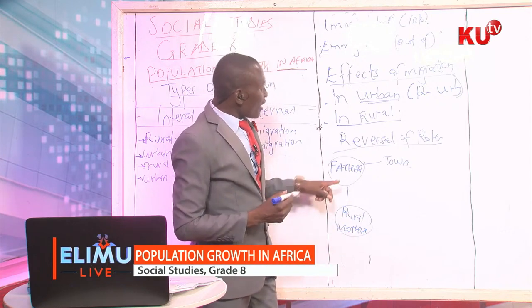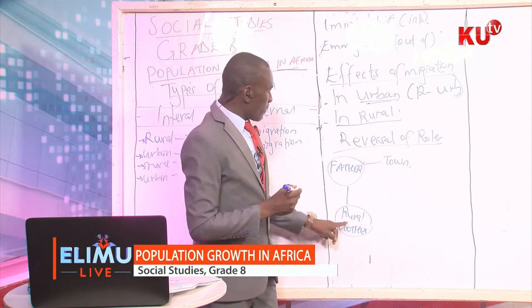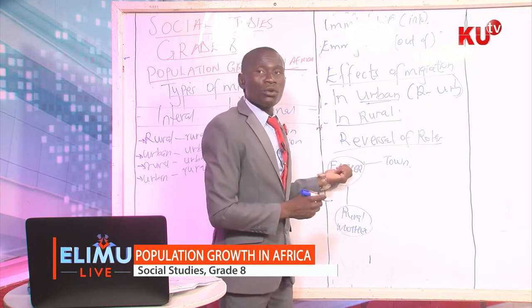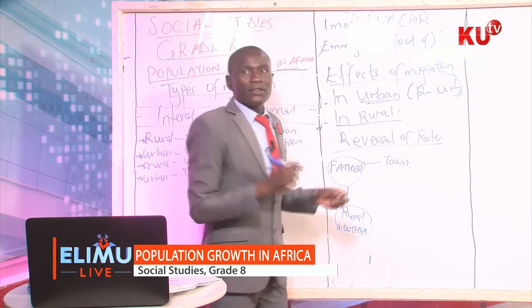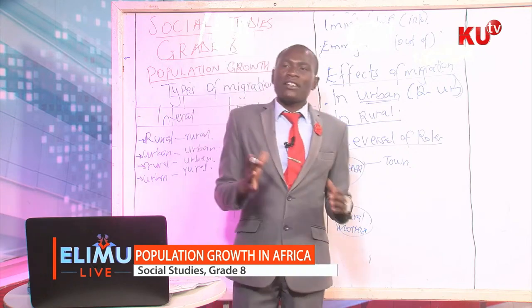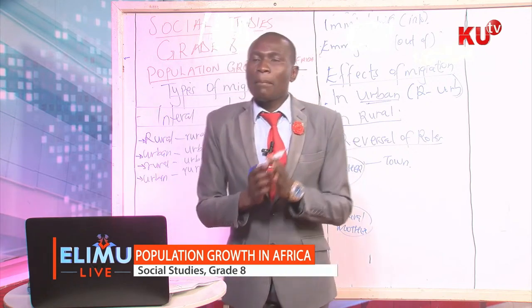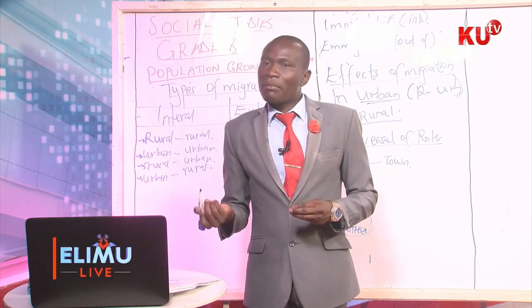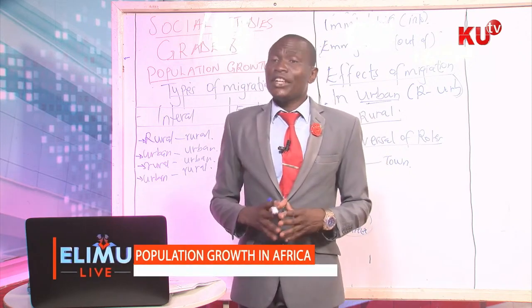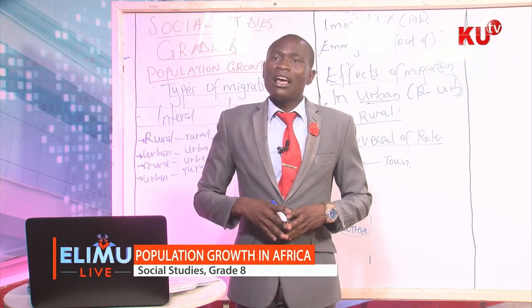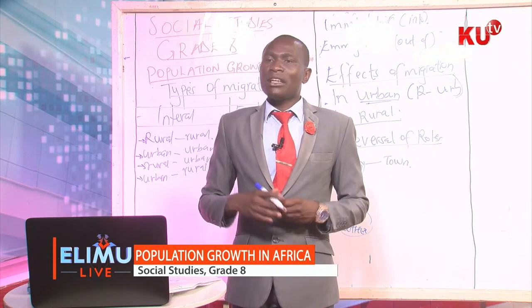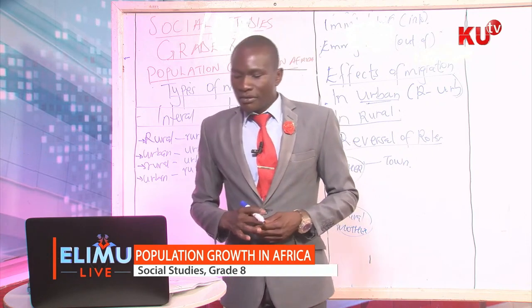Two, the roles that will be performed by the mother, the father is not going to perform them because he is in town. So when we talk about reversal of roles, it means the roles of the father being performed by the mother, and the roles of the mother being performed by the father. And even with children, where we don't have a father and mother, the elder brother is now the head of the family.